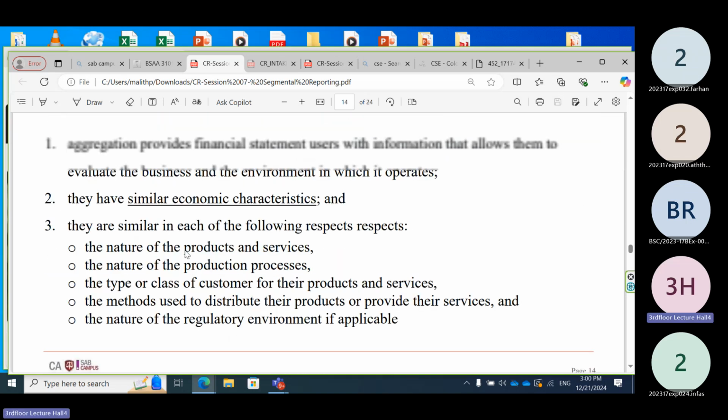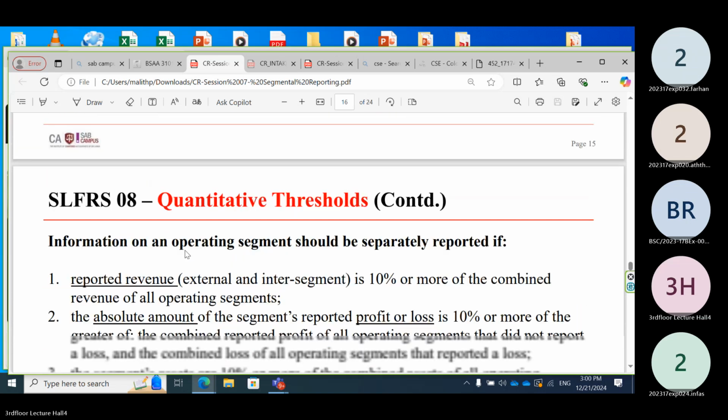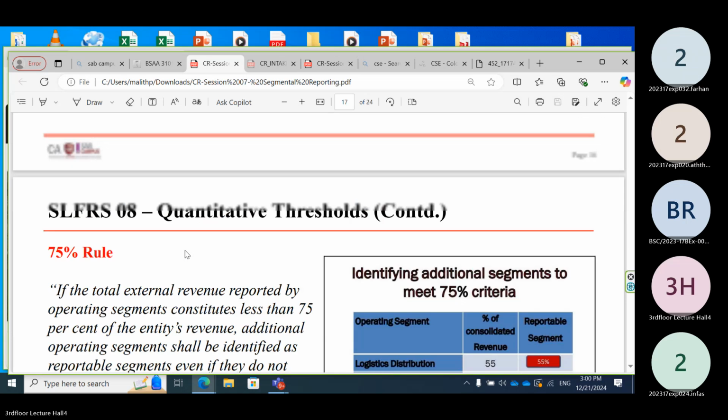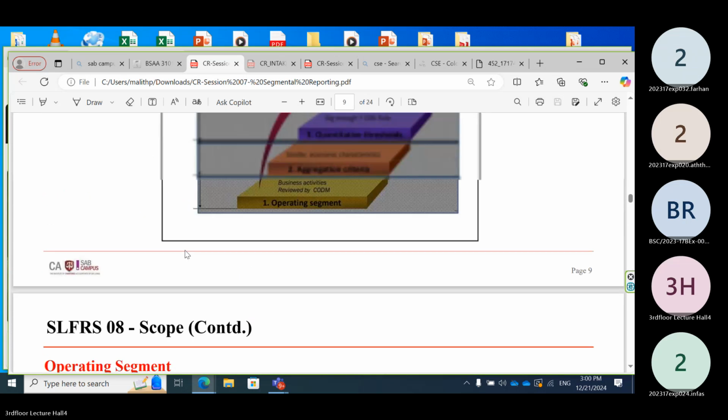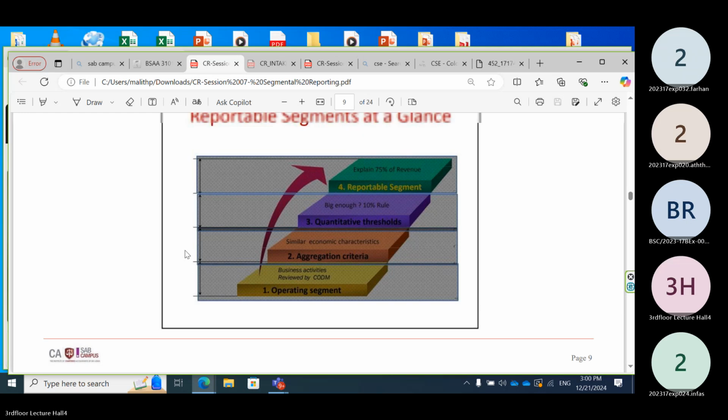So this is the process basically. Operating segment, then business activities reviewed by the CEO, then aggregation criteria.